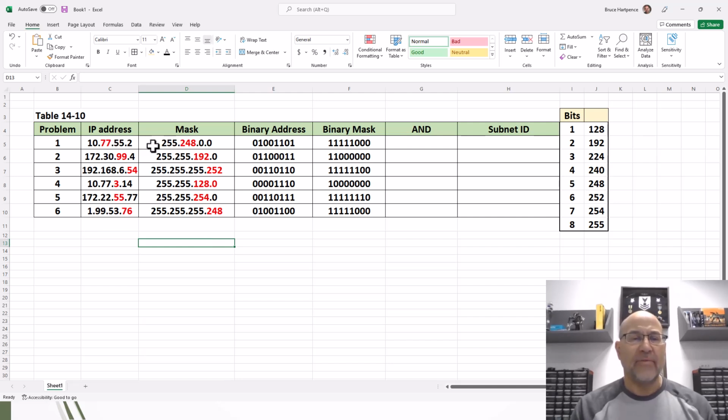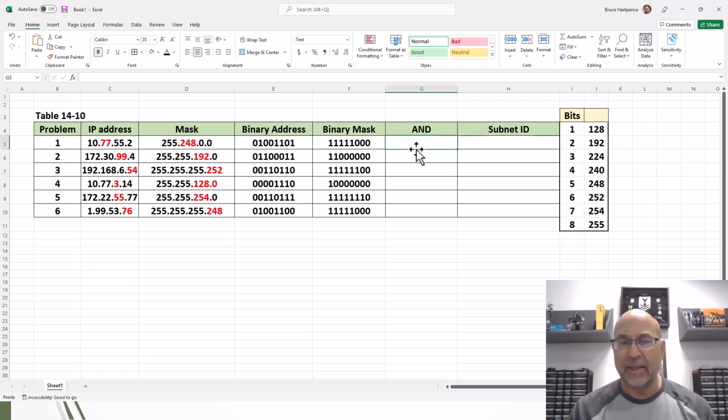What I've done here is highlight where all the action is. We don't really care about the first octet in this first one. It's just going to be 10. So I took 77 here and 248, and I broke them both into binary. All that we're going to do is AND these two together, and we get a result that looks something like this.